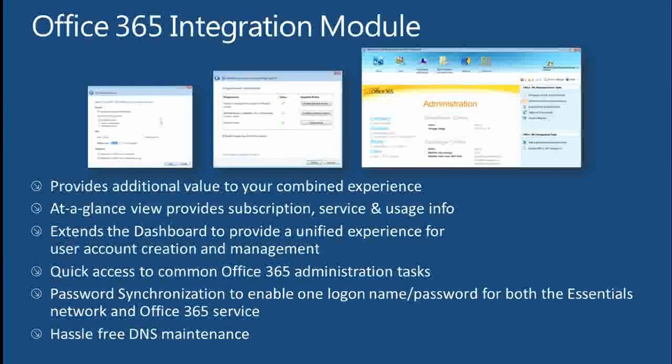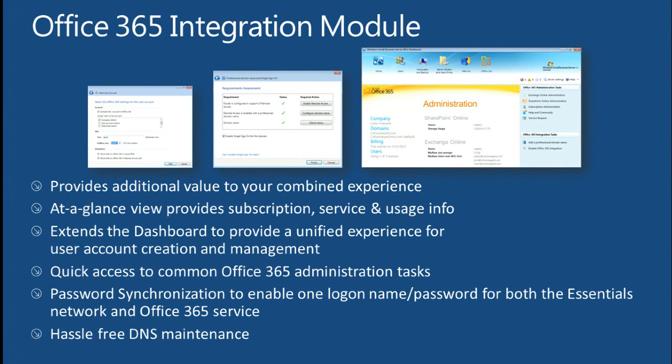So basically, this is an add-in. It's providing that additional value. It's extending the capability of the base SBS Essentials product. It provides an at-a-glance view of your subscription. So here, the last big panel is inside the dashboard on the Office 365 tab. We have some information about your subscription, how many licenses you're using, when your expiration date is, things like that.